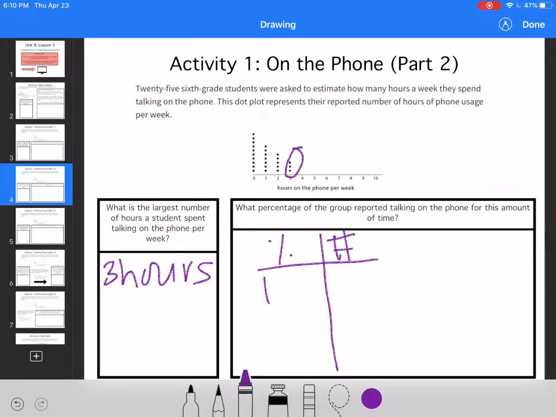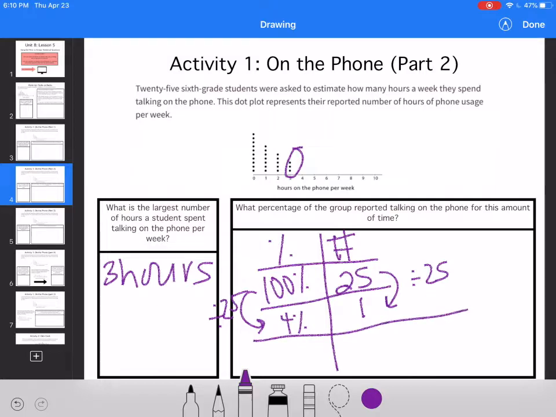I know that 100% is 25 students. To figure out what one student would be, I'm going to divide by 25. So I figure out one student is 4% of the data. I have 3 dots. So I'm figuring out what percent 3 students would be. And it would be 12%.